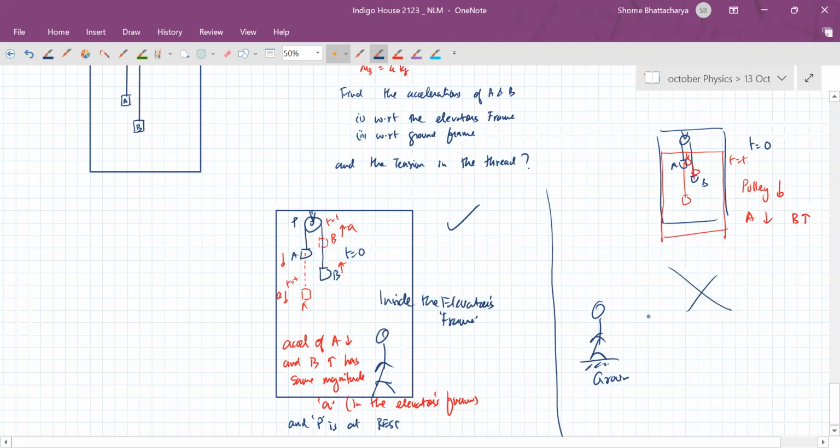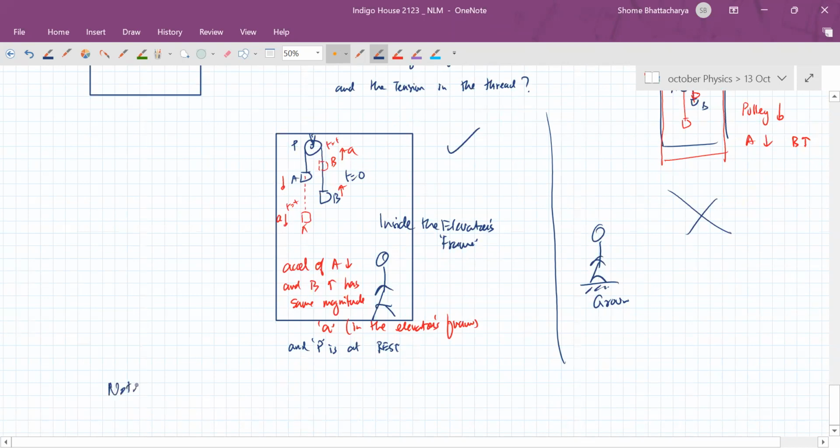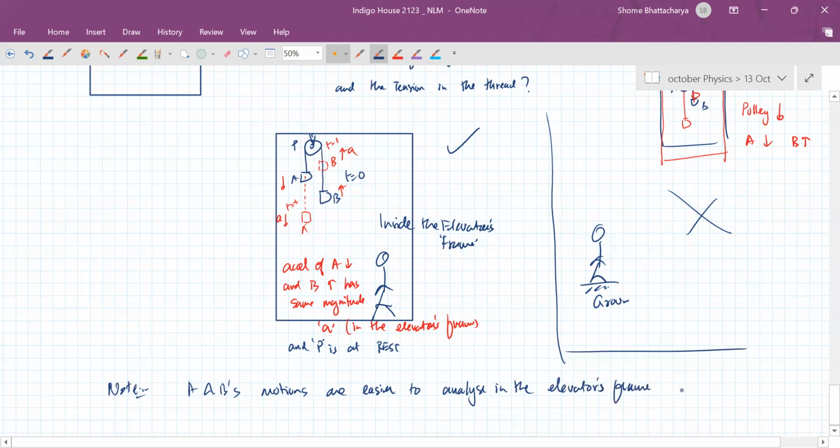But if we are using the first diagram, that means we have to apply Newton's law in the elevator's frame, which is a non-inertial frame. Okay. So A and B's motion are easier to analyze in the elevator's frame rather than the ground frame.